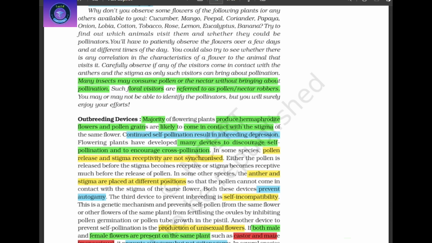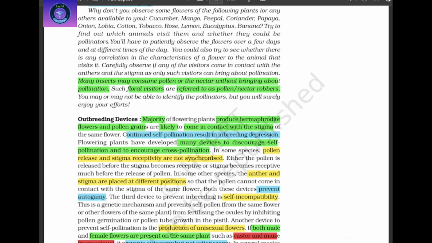If heterogamy happens, then the chances of self pollination are very negligible, because the released pollen grain will not be able to meet the stigma of the female part, so fertilization cannot occur. Either the pollen is released before the stigma becomes receptive, or the stigma becomes receptive much before the release of pollen.